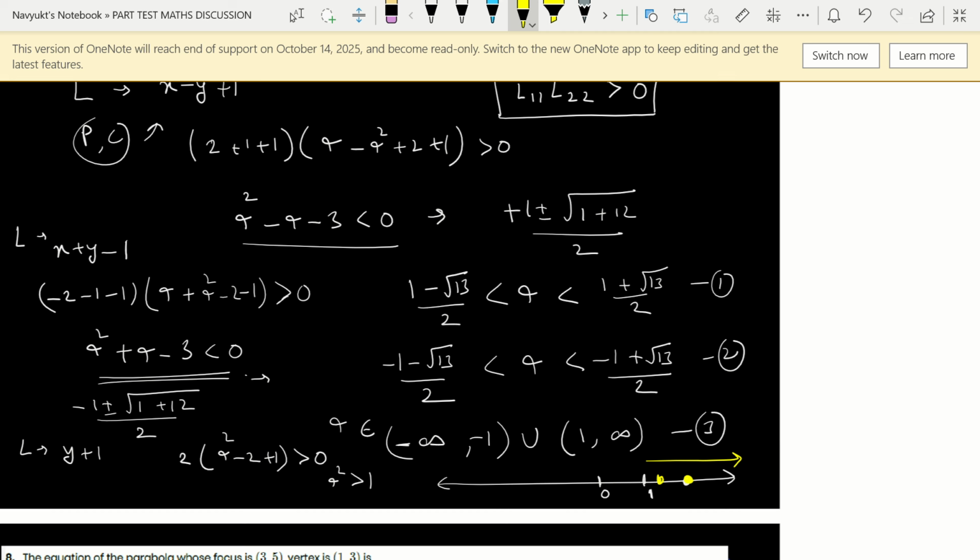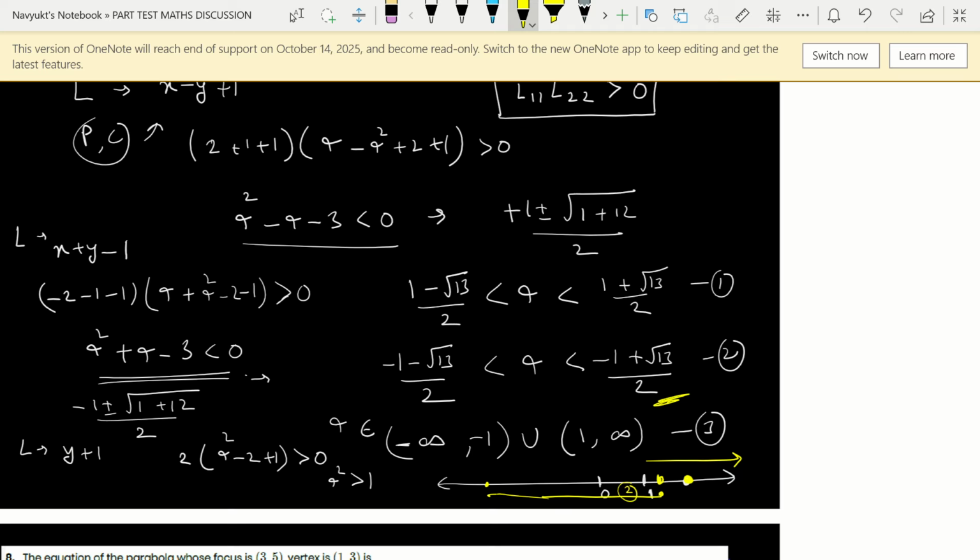Then at the end we have, from here, a zone completely to which point? We are talking about the second zone. This is our zone number second. Okay, minus 1 minus root 13 by 2. Again, this will be the most negative value, correct? So this will go somewhere here. It's the most negative value.